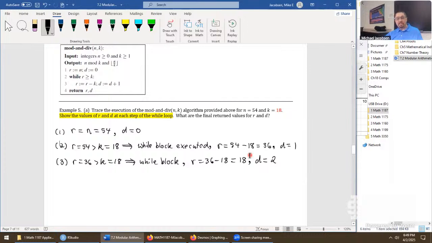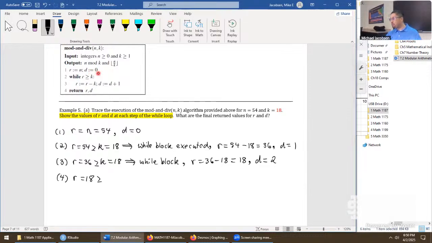Then rinse and repeat. Well, not ad nauseum. Eventually, this is going to terminate by the while condition. But now we're at 18. And for step 4, we do a check. R is 18. While R is greater than or equal to k. I should be saying greater than or equal to each and every time, just to be specific on that condition.